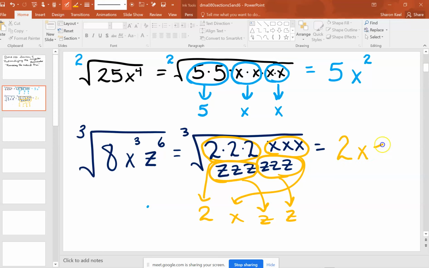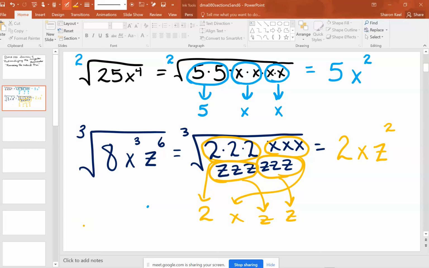So the first thing is I want you to understand, based on what the index is, if I had an index of 5, that means I would need 5 of the same item for it to come out from under the radical. Now, let me give you a scenario.